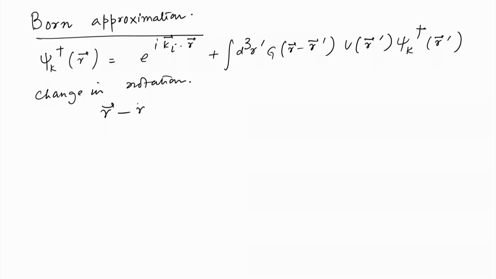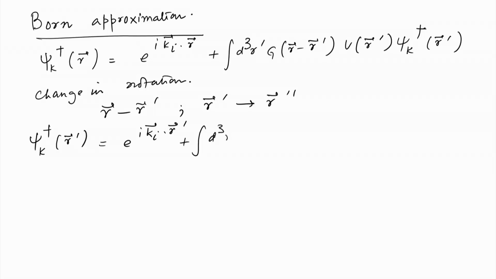Change r to r prime and r prime to r double prime, in which case psi_k^+(r prime) is equal to exponential i k_i dot r prime plus the integral d cube r double prime G(r prime minus r double prime) u(r double prime) psi_k^+(r double prime), and so on.